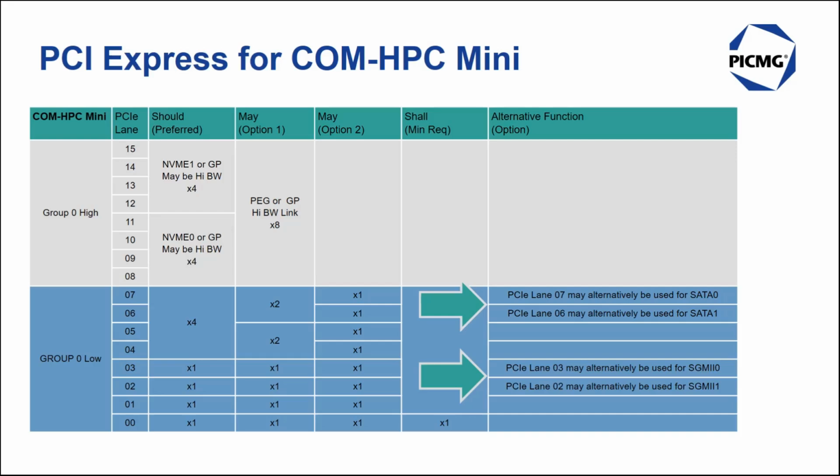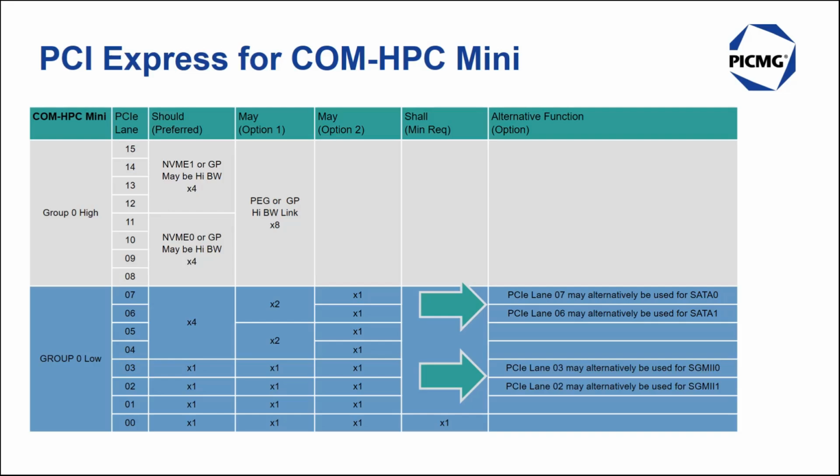For SATA, AC capacitors would also have to be added for the RX signals. Therefore, it was decided in the standardization group that the appropriate AC capacitors would be selected by the carrier manufacturer for the lanes of group 0 low. The carrier manufacturer knows whether PCI Express, SATA or SGMII is used on the carrier.